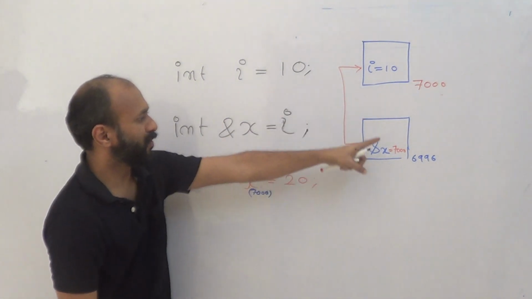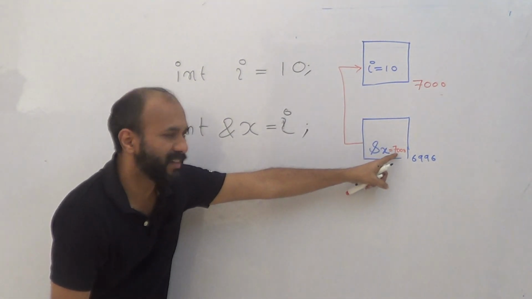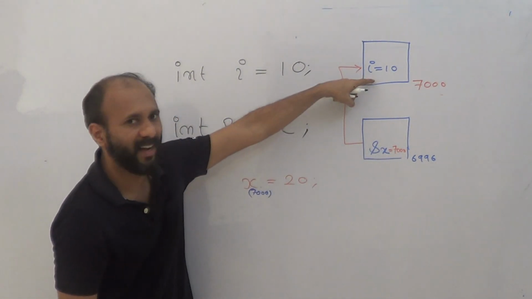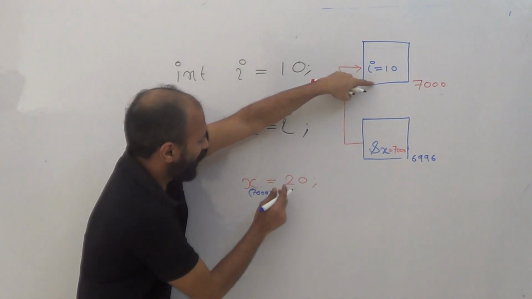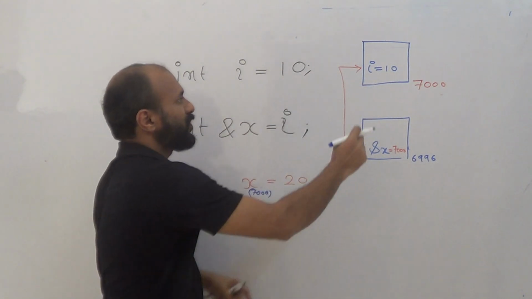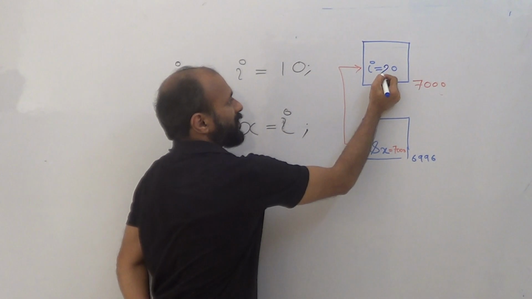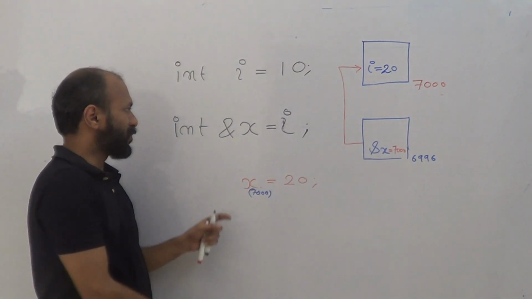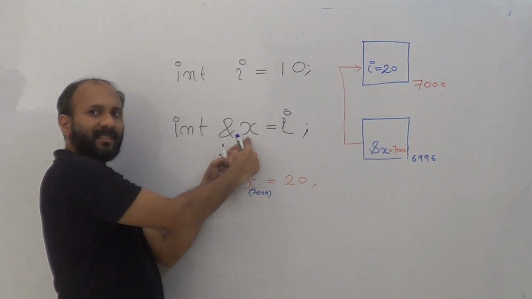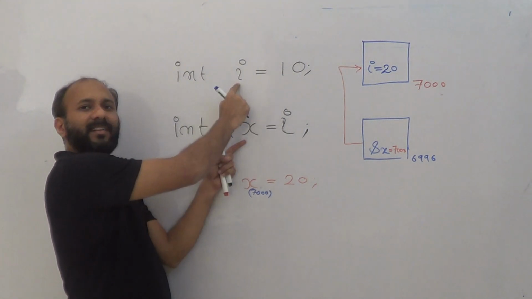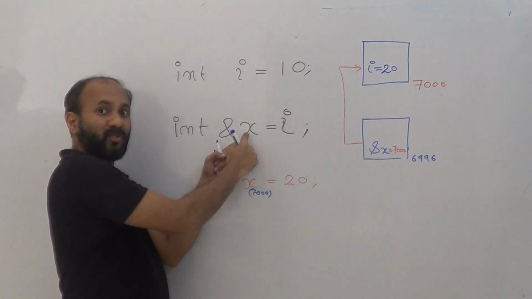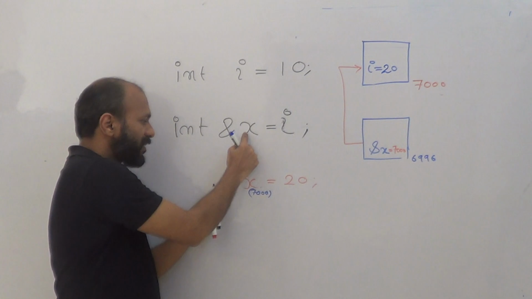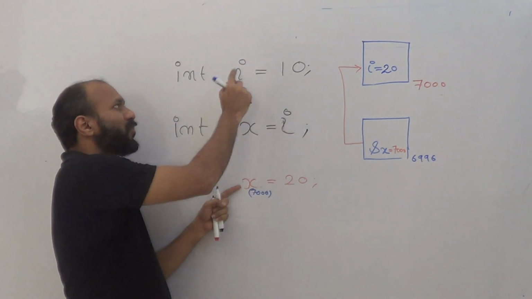Dereference that, and you get i. Now change the value of i to 20. So the original value gets changed. That means x is an alias of i. Whatever changes you make with the help of x will be reflected in i also.